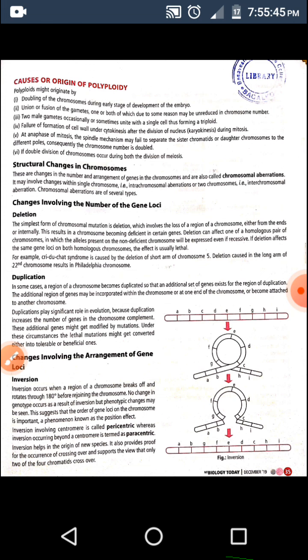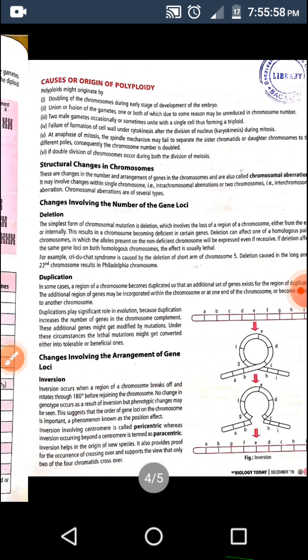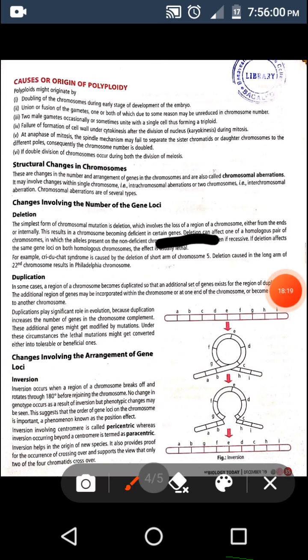The first one is deletion. In deletion, the chromosomal mutation involves a loss of a region of the chromosome, either from the ends or from a middle segment of the chromosome. Deletion is nothing but a loss of a region or segment from a chromosome.